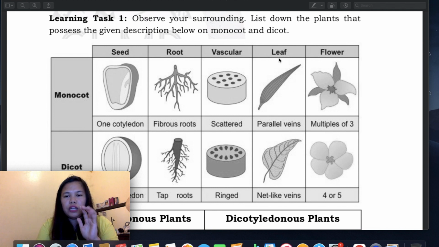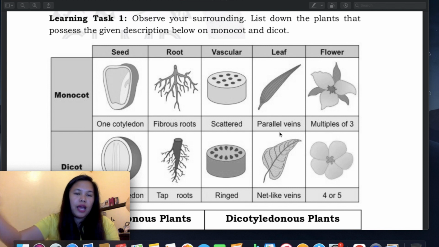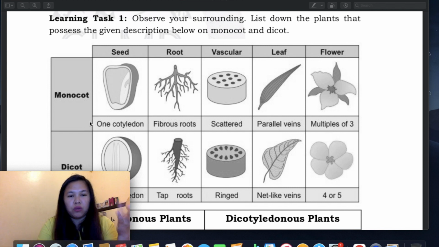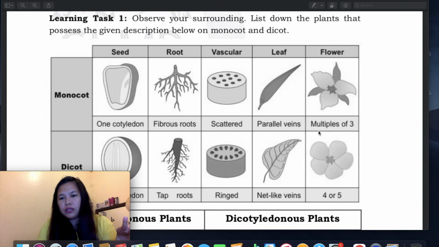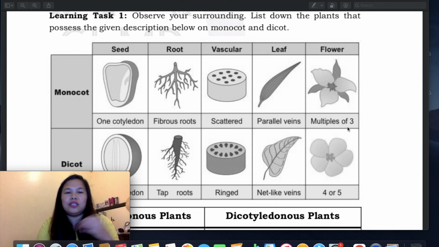Yung leaf niya ay parallel veins, pahaba, just like sa rice, munggo, so monocot siya. And flower, multiple of 3. Okay, so yan, madali na yan. Dahil kapag mayroon ka na nakikitang flower na 3 lang yung petals niya, ibig sabihin na monocot siya. So magbilang kayo ng mga petals sa flowers mamaya after watching this video.